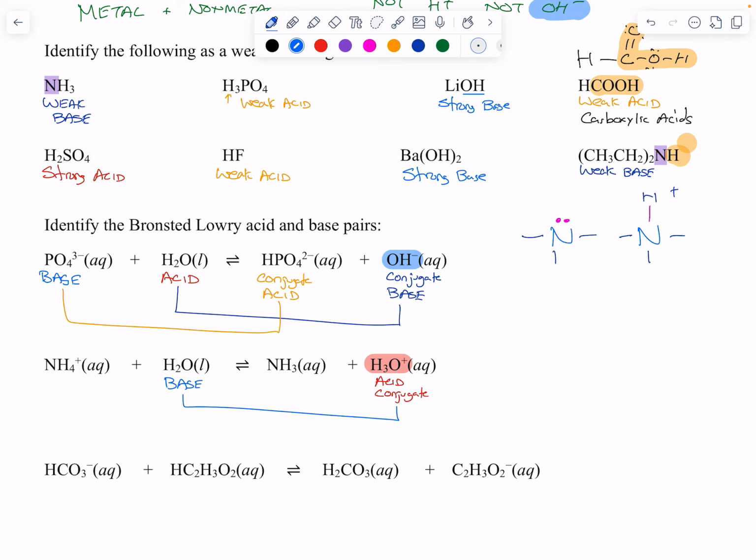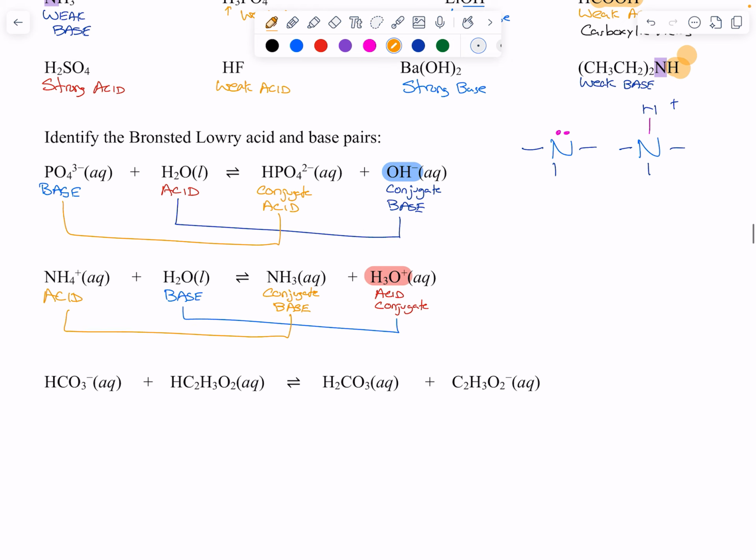Which means this would be the acid, because it's a proton donor, and NH3 is the conjugate base. So ammonium can donate a proton. Ammonia can accept a proton. Water can accept the proton. Hydronium donates the proton.